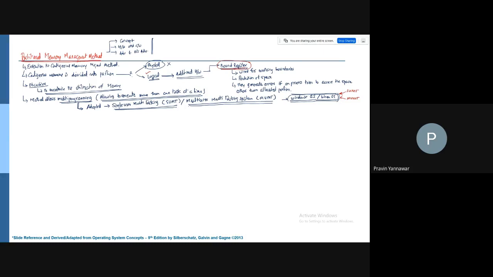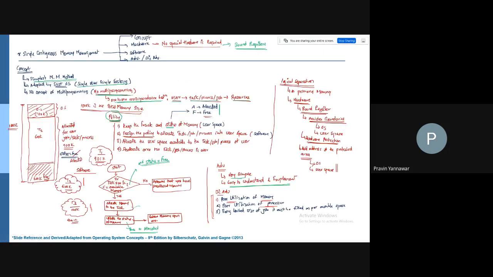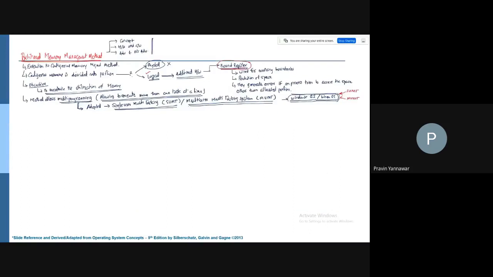Whenever the system is allowed to execute more than one task at an instance of time, then the memory as a resource must be allocated to each particular task. So if you look at yesterday's single contiguous memory management, the problem was that we have a 1000K memory space. Let me take a dramatic view of this.